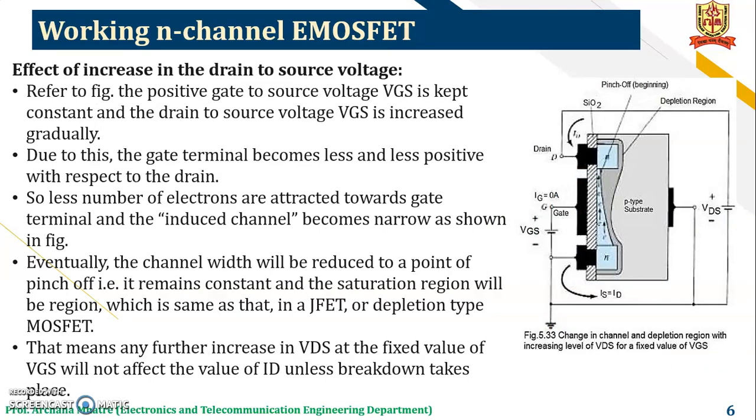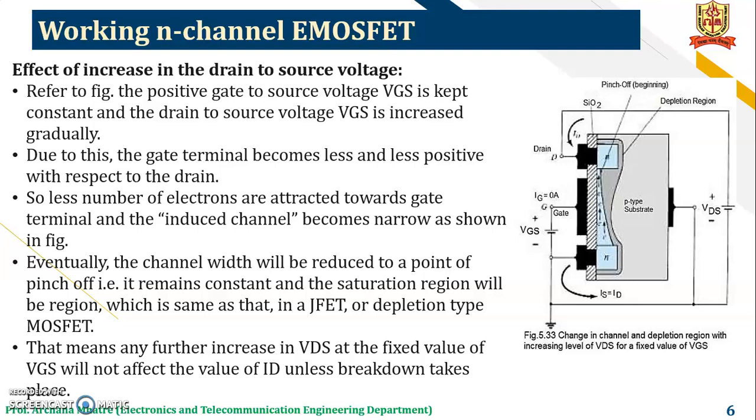Now, working of N-channel MOSFET with the effect of increase in the drain to source voltage. In the figure, the positive gate to source voltage VGS is kept constant, and the drain to source voltage VDS is increased gradually. Due to this, the gate terminal becomes less and less positive with respect to the drain terminal. So, a smaller number of electrons are attracted towards the gate terminal and the induced channel becomes narrow as shown in figure.